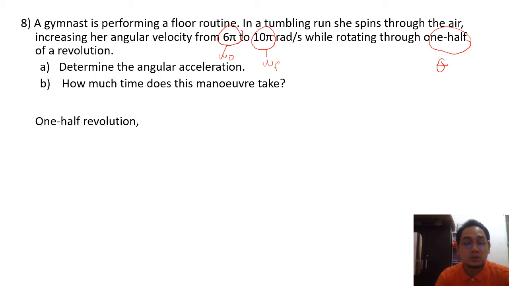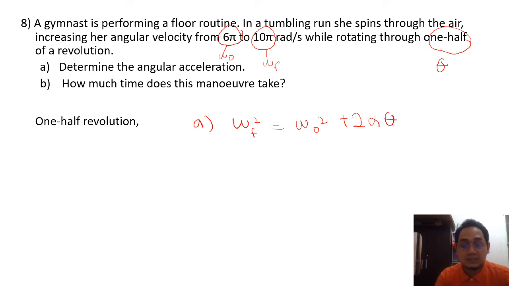The question wants us to find the angular acceleration. So from the information given, we can use the formula omega final squared equals omega naught squared plus 2 alpha theta. So this is the formula that you shall use.